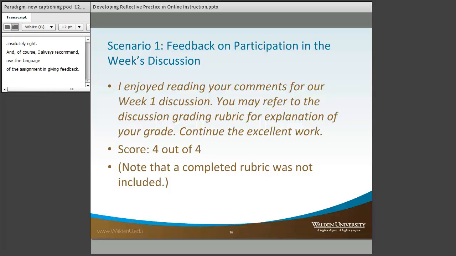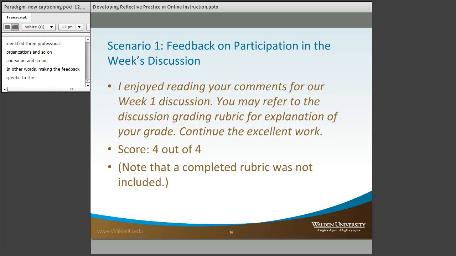If the assignment asks you to identify 3 professional associations, who they serve, and what their major topics that they address are, a good way to give feedback is to indicate you appropriately identified 3 professional organizations and so on and so on and so on. In other words, making the feedback specific to the assignment.